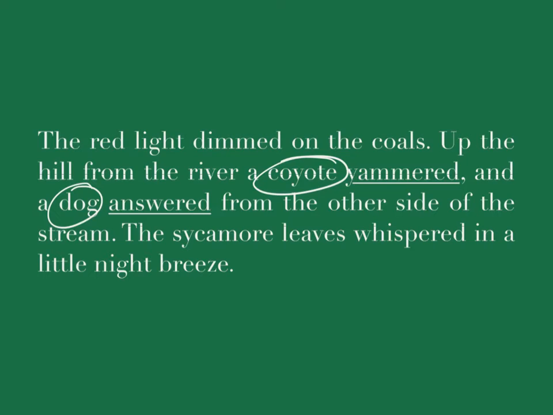And there's also the fact that a coyote and a dog are very different from each other. And Lennie and George are also very different from each other. So that brought me to these verbs. The coyote yammers and the dog answers.